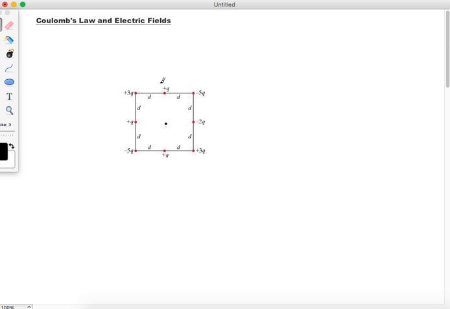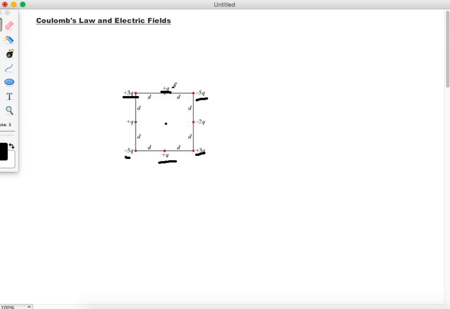So there are so many charges affecting it, and if we had to draw a free body diagram, we'd be out of sorts because there's just so much going on. So let's make the problem simple by noticing that this is equal to this, this is equal to this, this is equal to this.